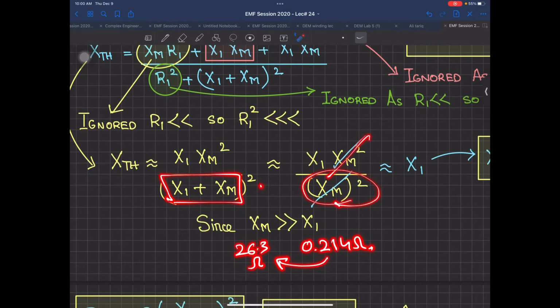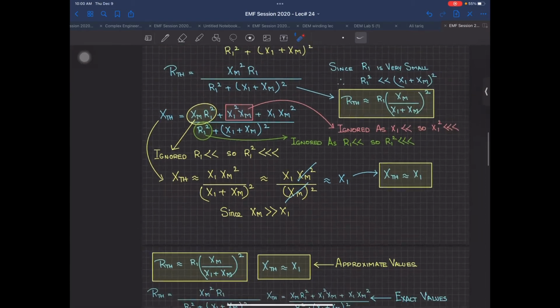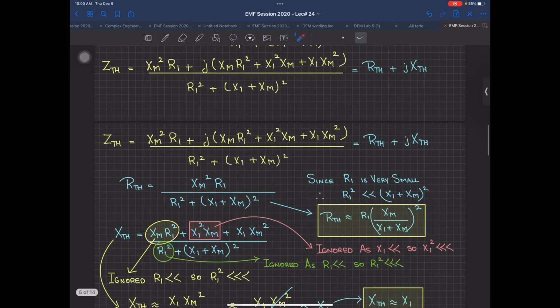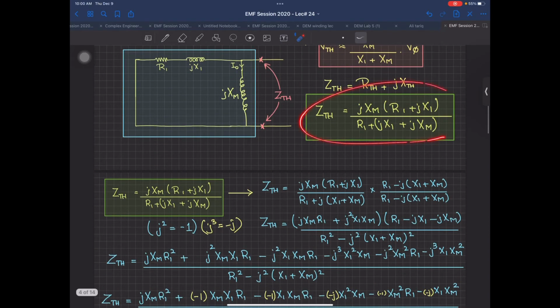So xm square and xm square cancelled, and they have given a very, very small approximation that your x Thevenin is equal to x1. And I will strictly advise you, for any numerical, solve it by using this x Thevenin and r Thevenin, and also try to solve it using the exact z Thevenin, and see the difference for yourself. You will see how many ohms of difference you get over there.